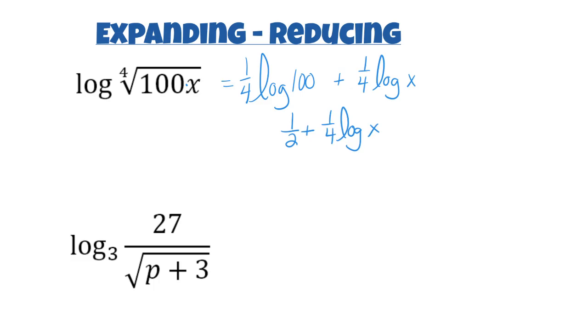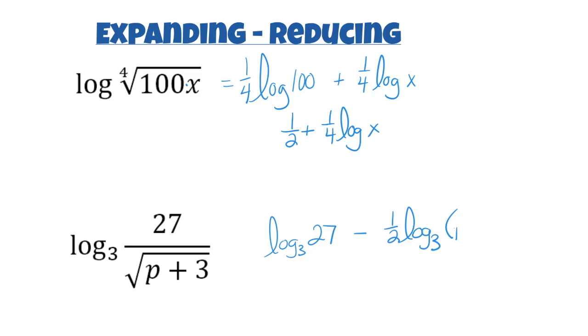Okay, let's try our next one. This one has division going on with it. So this is a log base 3 of 27 minus, and again, a log base 3. And I have this big square root, so I'm going to put it out in front as a 1/2.